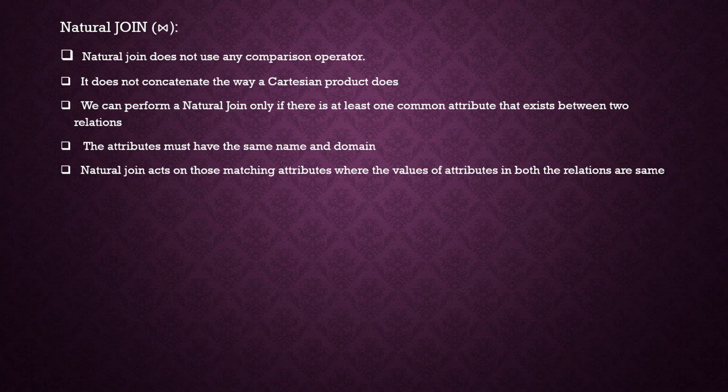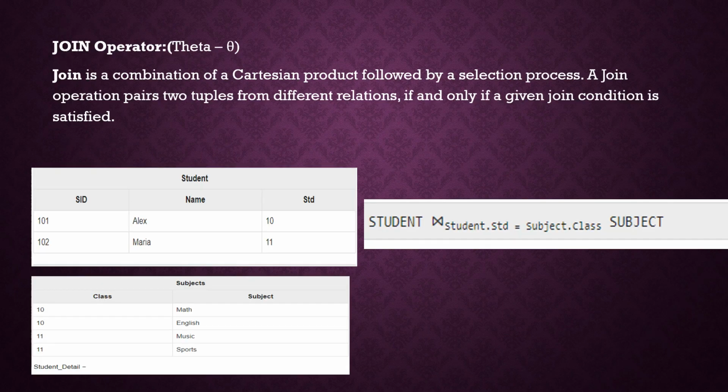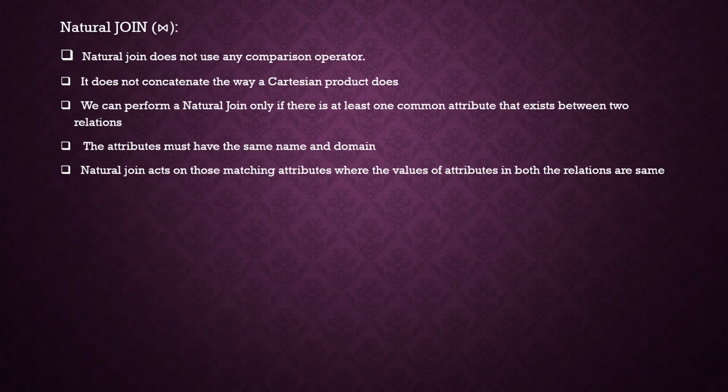In the previous example, the attribute name is std in student, and the attribute name in subject is class. So it is a different name. It should not happen like that. To perform natural join, the attributes must have the same name and domain. Domain also should be the same.